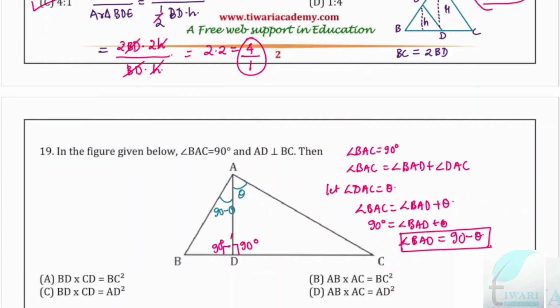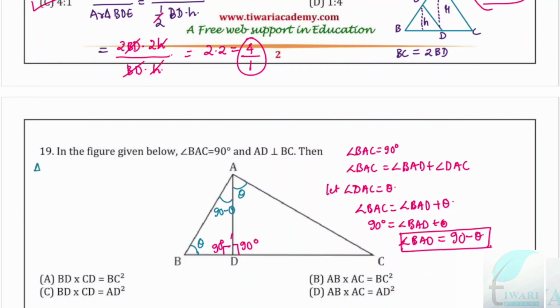Similarly, here we will get angle ABD as theta, because the three angles should add up to 90 plus 90, which is 180 degrees. So this angle will be equal to theta. That means angle ABD will be theta.